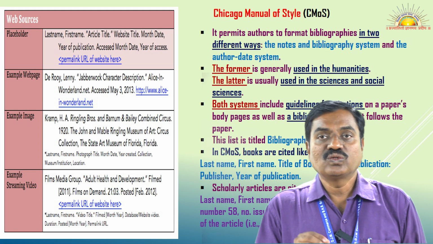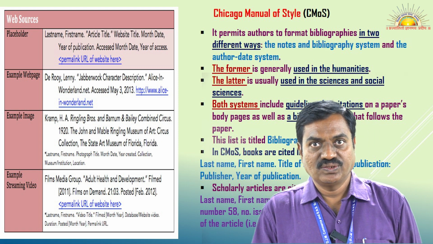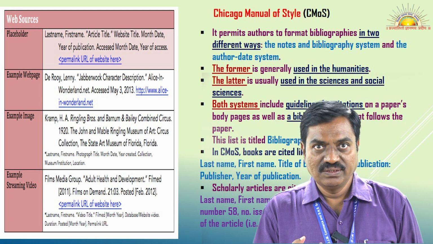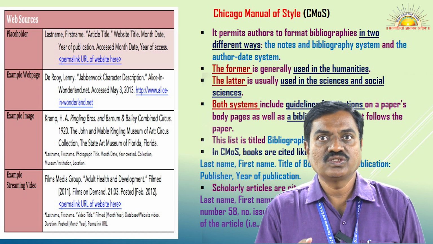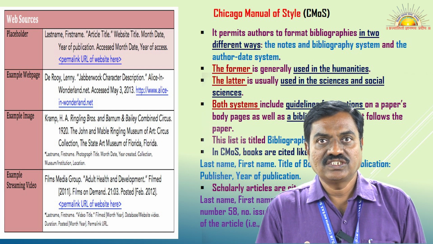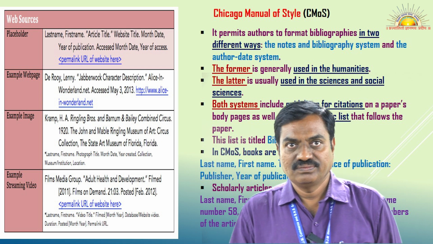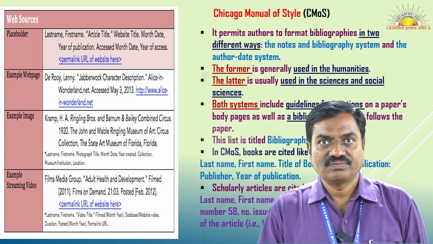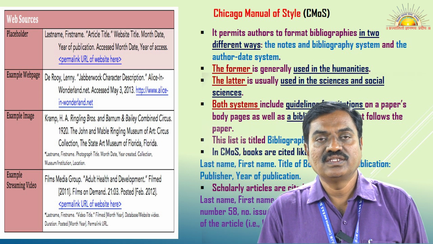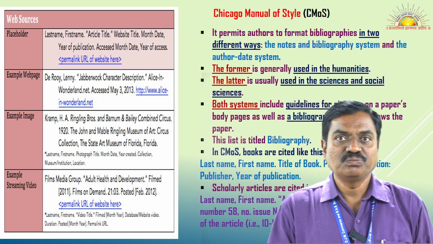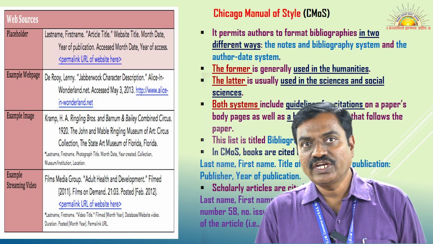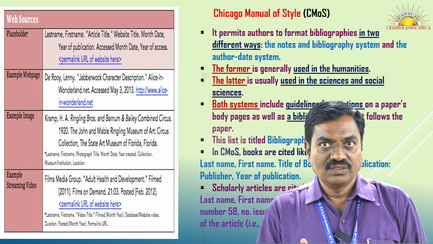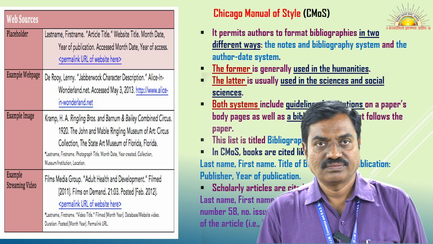Both systems include guidelines for citations in a paper's body, as well as a bibliographic list that follows the paper. This list is titled Bibliography. In CMOS, books are cited in the following manner: last name, first name, title of the book, the place of publication, publisher, year of publication.